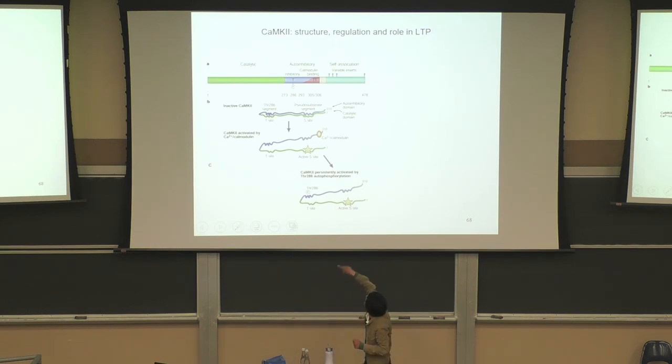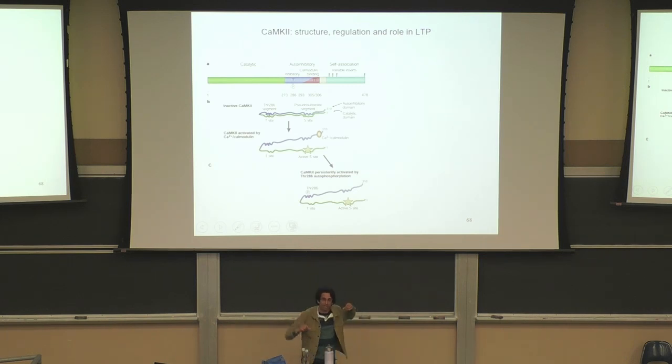Then the calcium activates calcium calmodulin. Calmodulin binds the calcium, and then the calcium calmodulin complex binds the inhibitory blue domain of CAM kinase 2, opening it. After it's opened, it can autophosphorylate itself. So it puts a phosphate group here on itself.